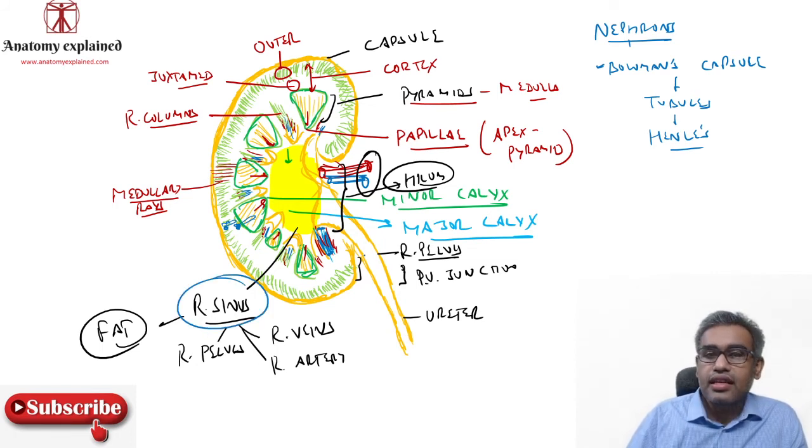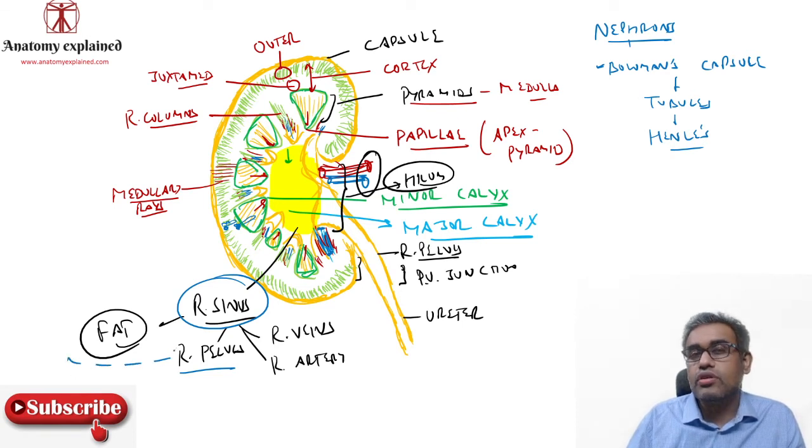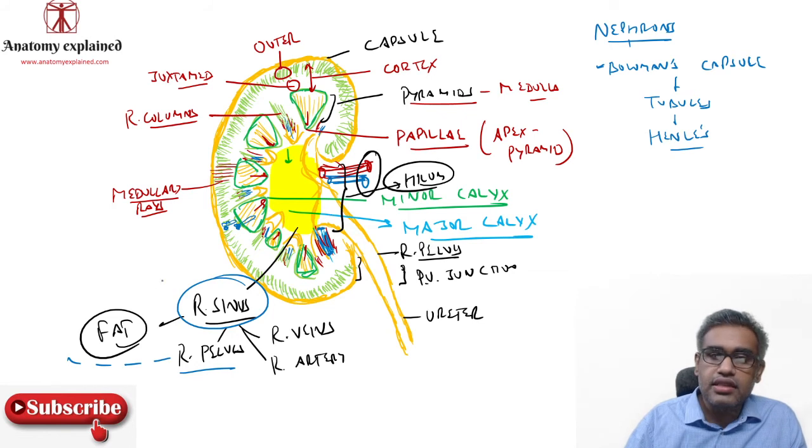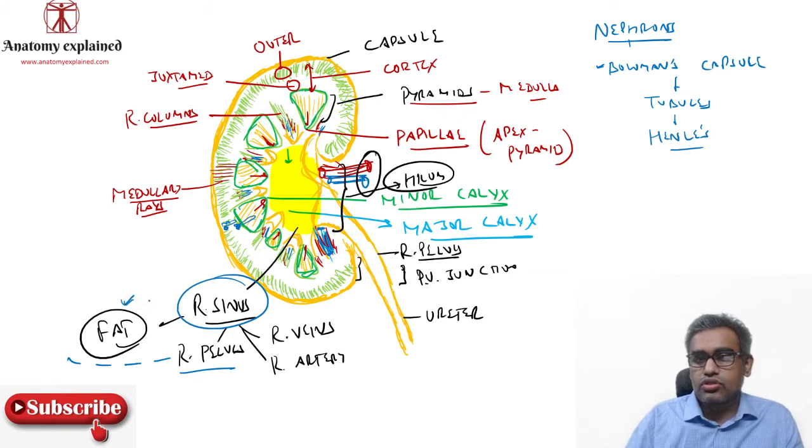It has the renal pelvis, which is actually the upper part of the ureter, the one which receives the infundibulum, the major and minor calyces and the collecting ducts that we just saw. So this whole is a collecting part, and apart from the renal pelvis and the other collecting part, it will also have the renal vessels as well as the fat. So renal sinus, renal hilum, and the renal pelvis over here.